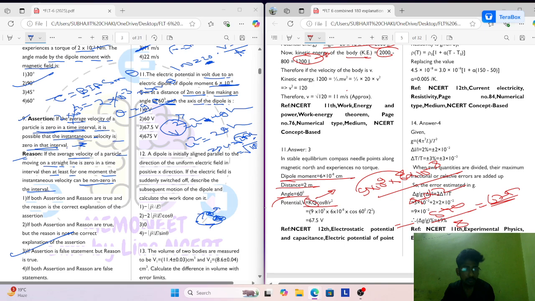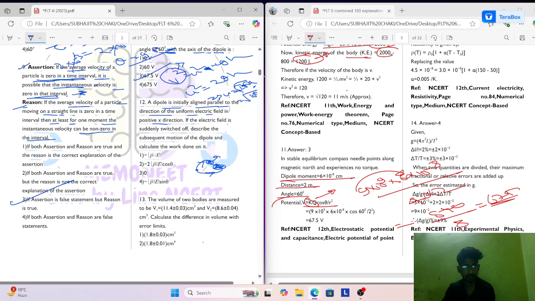A dipole is initially aligned parallel with the direction of the uniform electric field in a positive x direction. If the electric field is suddenly switched off, describe the subsequent motion of the dipole and calculate the work done.